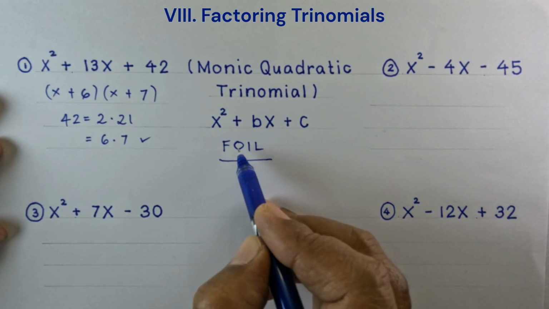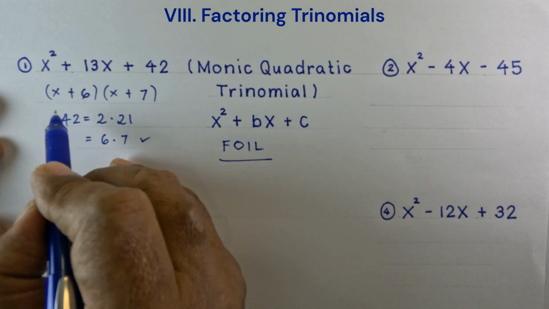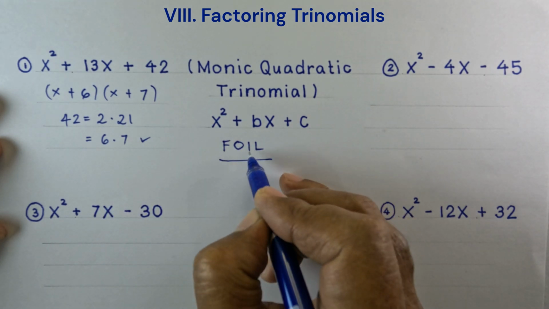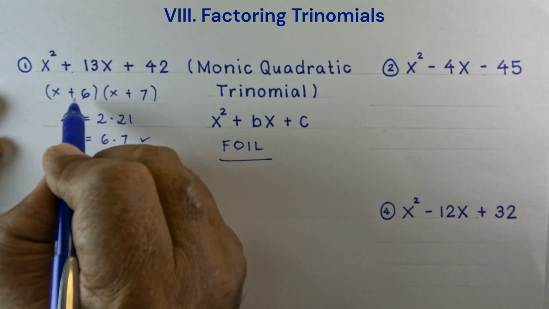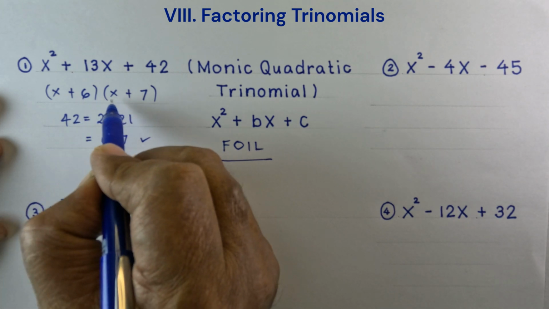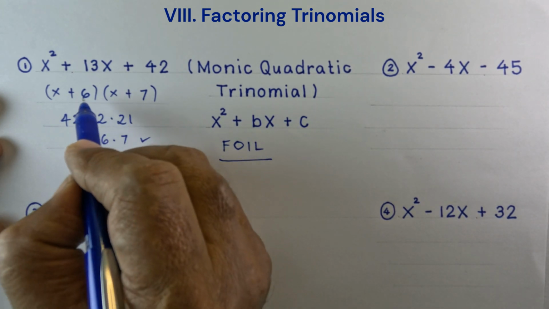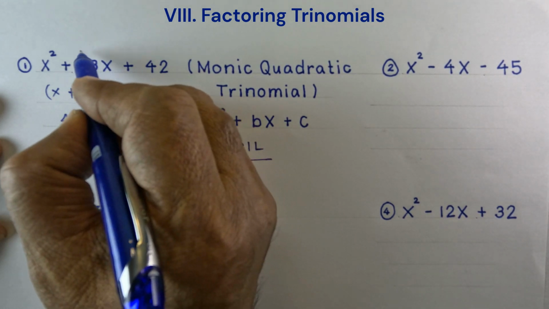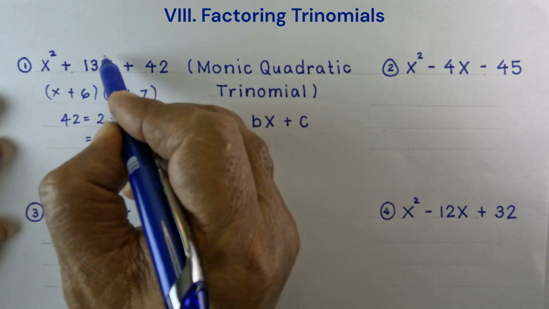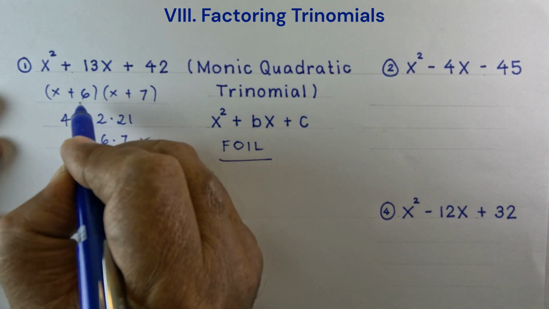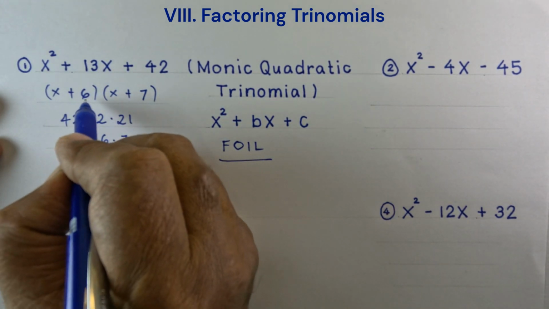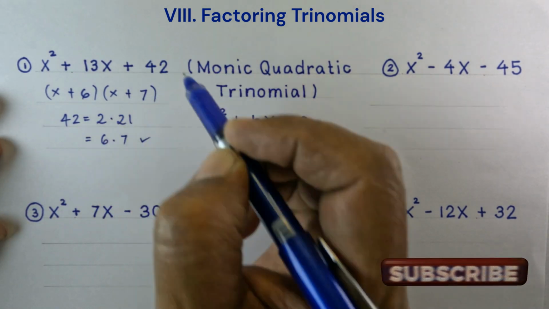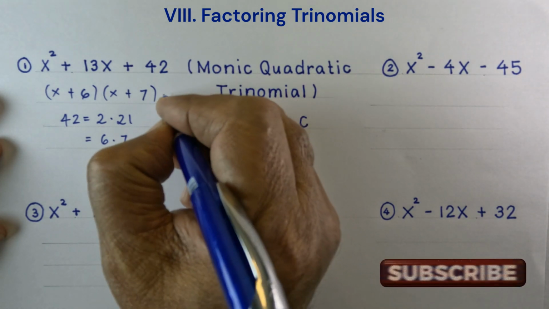O for the outer terms, so x times 7 is 7x. I for the inner terms, 6 times x is 6x. So 6x plus 7x is 13x. So that satisfies the middle term. L for the last terms, 6 times 7 is 42. Right there. Therefore, this factoring is correct.